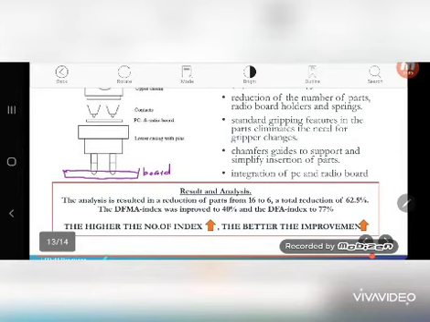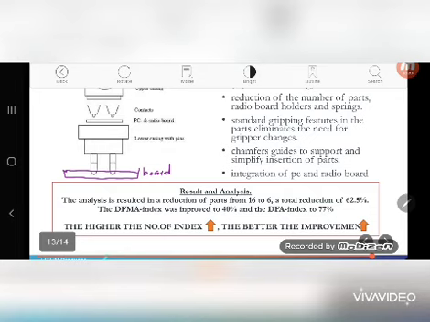Then it comes to the result of DFA and DFMA. It defines that the higher the index number, the better the improvement. So when we run the DFMA process and do the DFA analysis, our target is to raise the index of DFA or DFMA.